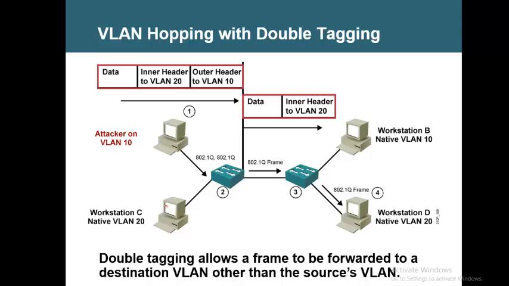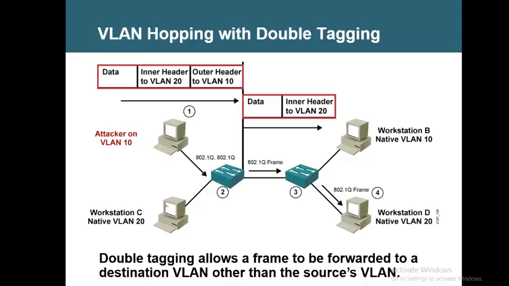First he puts VLAN 10 and then VLAN 20. When the packet approaches the trunk port on the switch, it takes the packet in VLAN 10, and when it is going out via the other port, that port processes it and considers the packet a member of VLAN 20. That's how the attacker gains access to VLAN 10 and 20. We call this double tagging.